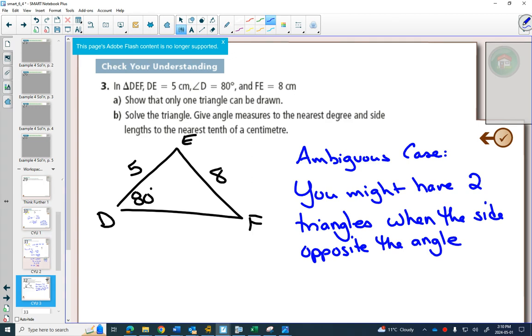And what would have to be on the opposite side for two triangles to have to happen? It would have to be less than the 5, right? So you might have two triangles when the side opposite the angle is less than the adjacent side. If it's bigger, only one triangle is possible.